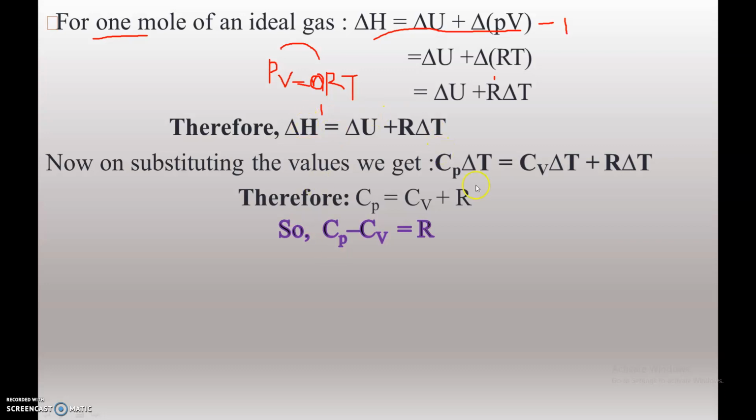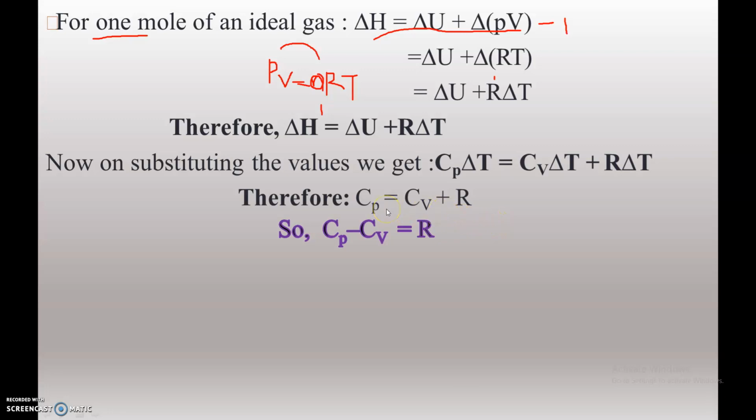That is Cp delta T. So Cp delta T is equal to Cv delta T plus R delta T. If you rewrite the equation, delta T is common. If we cancel this delta T, what will you get? Cp is equal to Cv plus R.